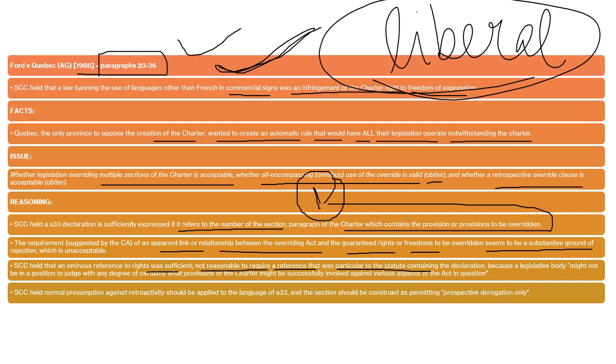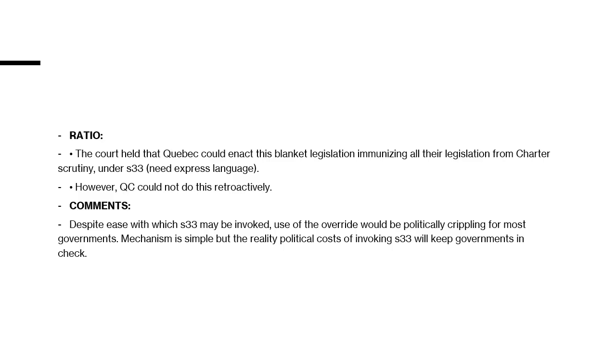The Supreme Court of Canada held that the normal presumption against retroactivity should be applied to the language of Section 33. Sections should be construed as permitting prospective derogation only. This is what the Supreme Court of Canada clearly stated. The court held that Quebec could enact this blanket legislation immunizing all its legislation from Charter scrutiny under Section 33, but it needs express language.